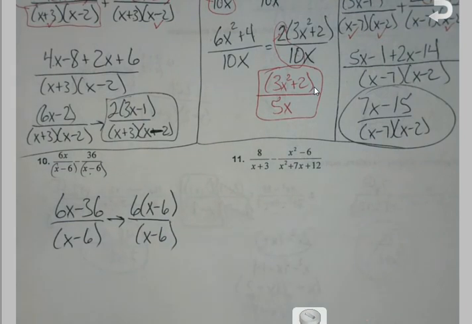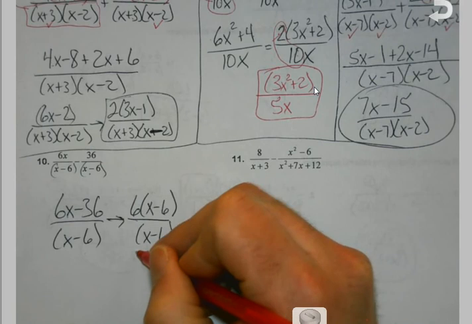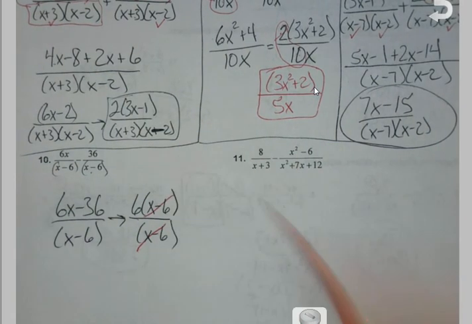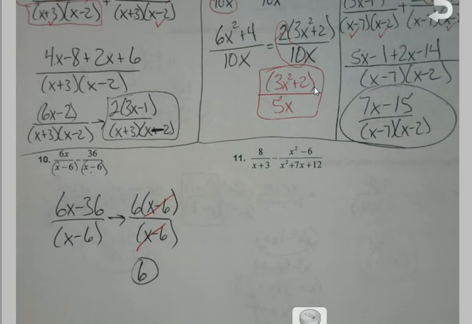This might be better than the eyeball. Whack those sixes. And all I'm left with is 6. And I'm good. That's why you always have to, once you get it down to one fraction, see again if anything's factorable or able to be simplified.